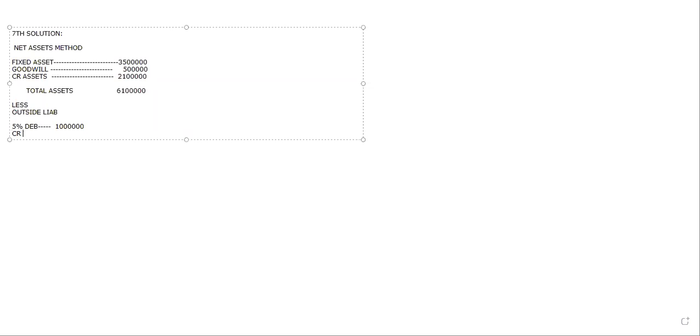Then current liabilities he gave directly. How much did he give? 14 lakhs. So the total comes to 24 lakhs. 61 minus 24, how much?